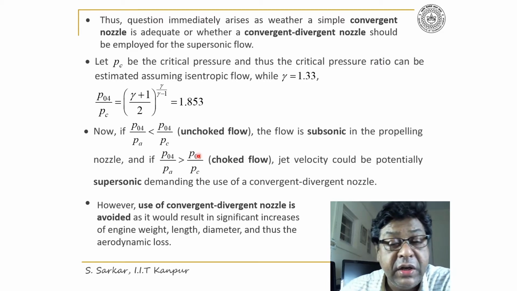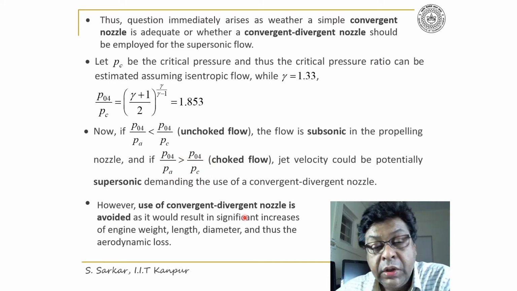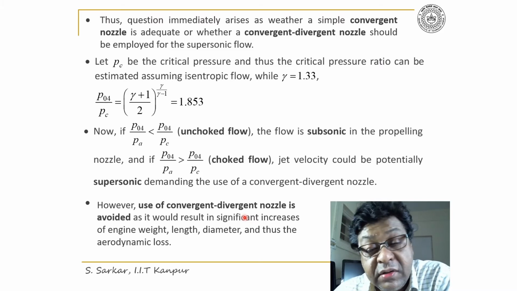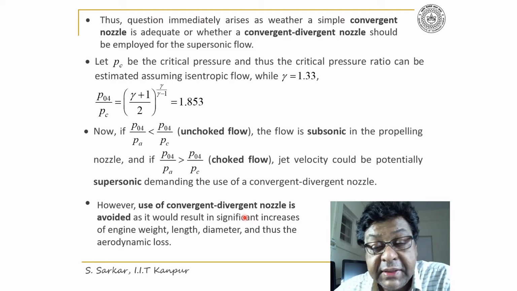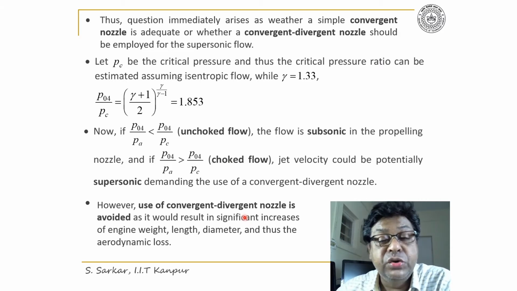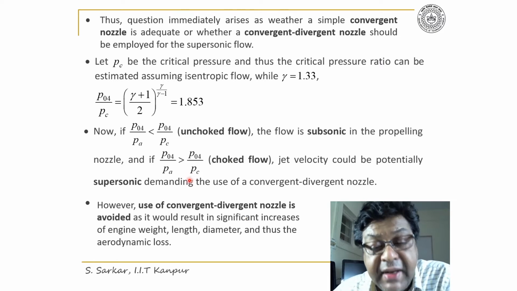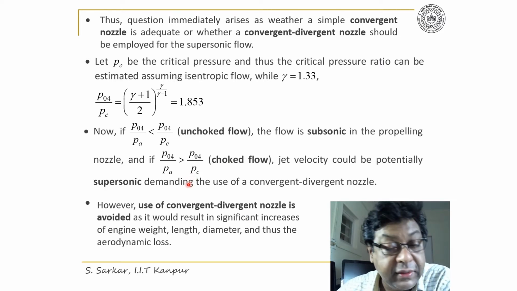Further, if P04 by Pa is greater than P04 by Pc, which is the condition for choked flow, then the velocity could be potentially supersonic depending on the use of a convergent divergent nozzle.